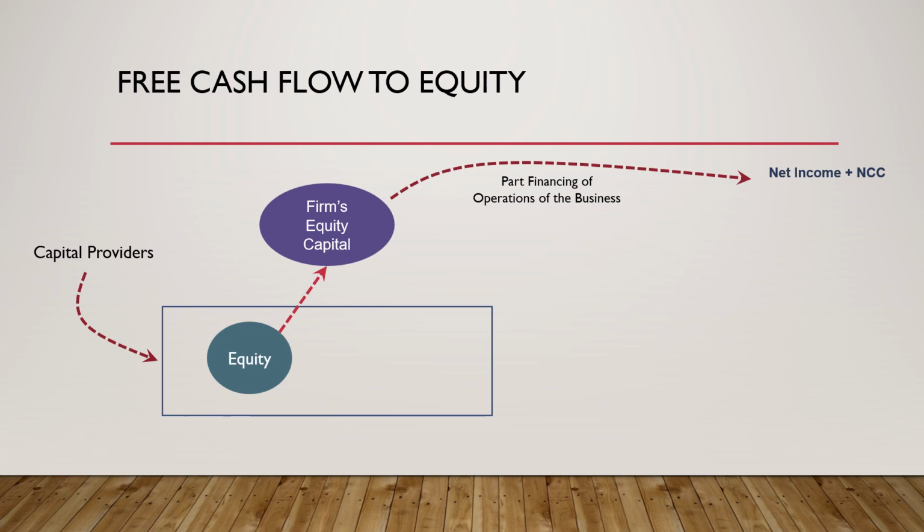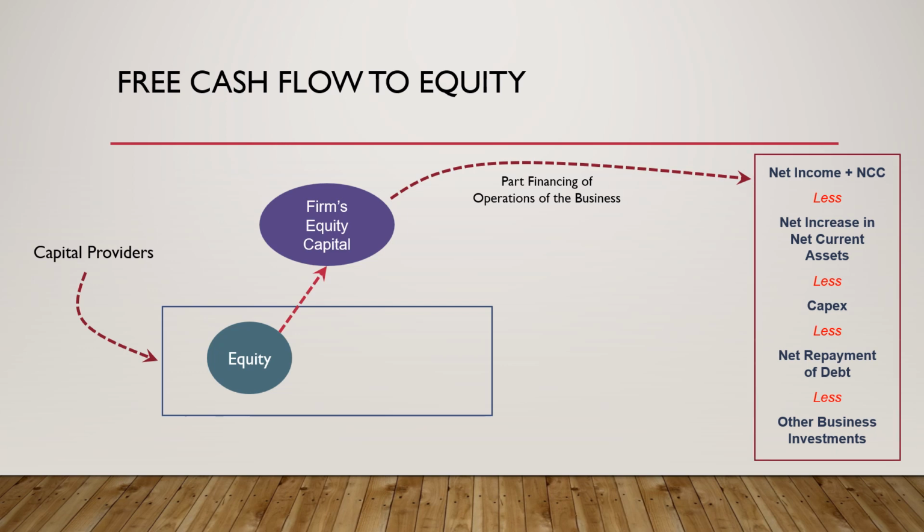To this, we add the non-cash charges, including depreciation, amortization, and the like, and then deduct the net increase in working capital, investing obligations like capex and business investments, and the net repayment of debt during the financial year. The net repayment of debt is essentially the amount of debt repaid during the year less the amount of debt availed during the year.